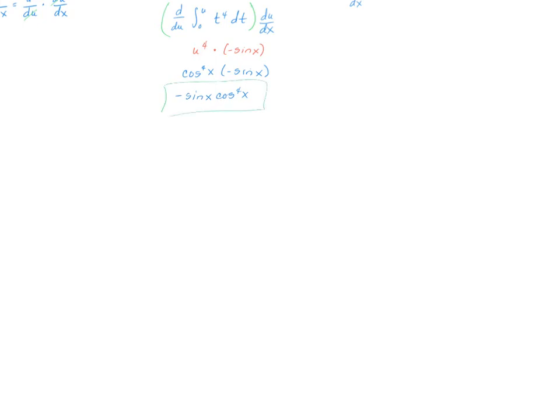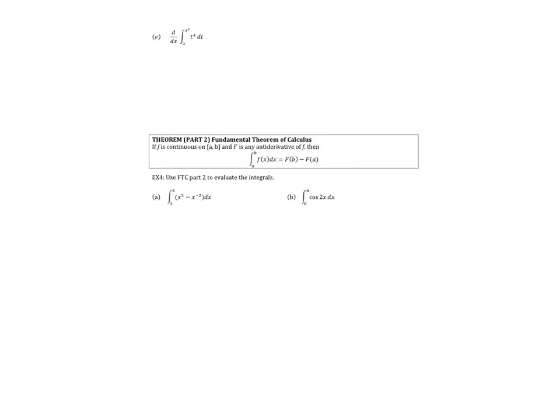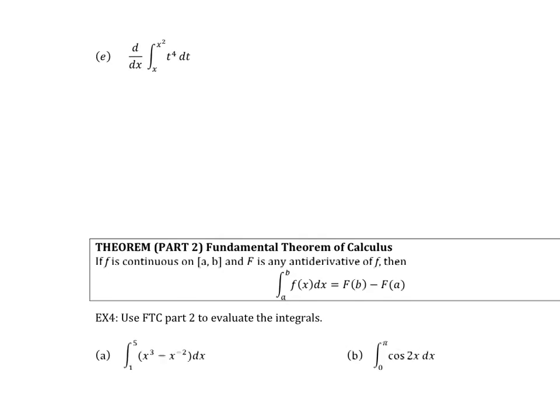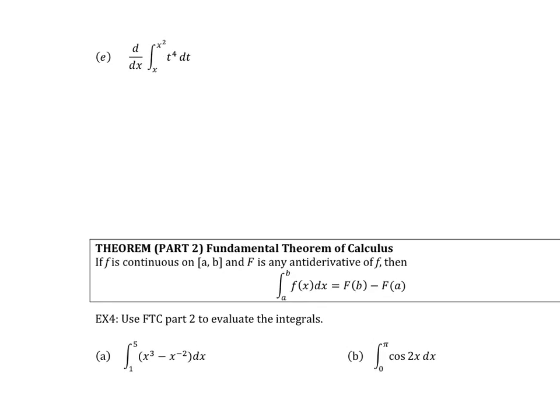Okay, well, the last example we're going to do using the first part of the fundamental theorem of calculus is E. So in part E, we've got two problems. We're not starting with a number, we're starting with x. And we're not ending with an x, we're ending with an x squared.